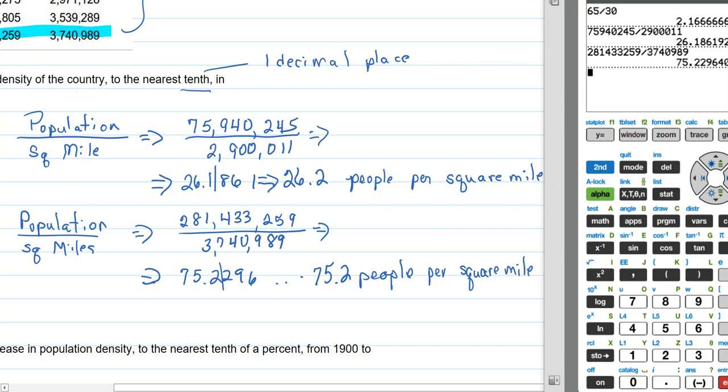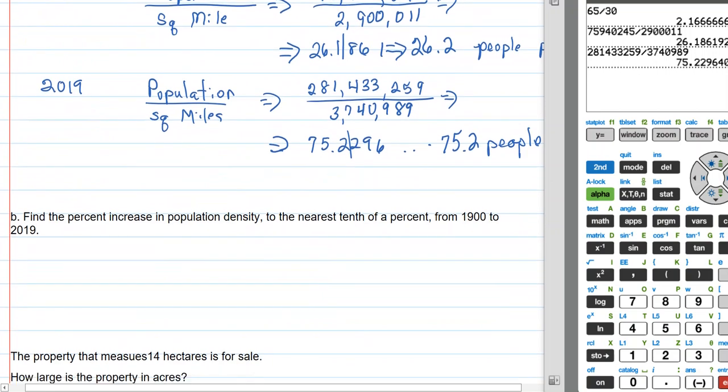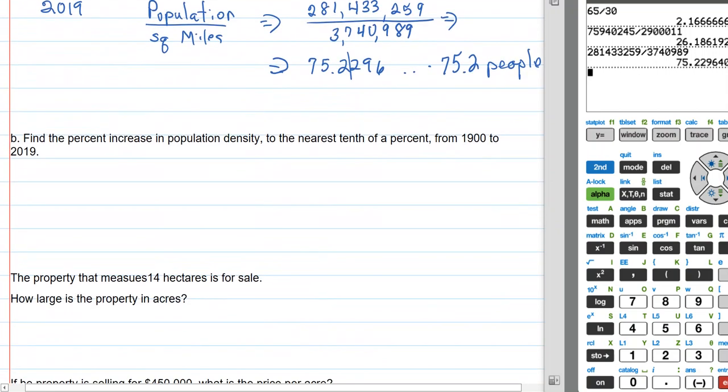All right. So we did the two things they asked. Now they want us to find the percent increase in density to the nearest tenth. That means one decimal of a percent. And percent means we multiply by 100. Whatever the fraction is, we multiply by 100 and add the percent symbol.